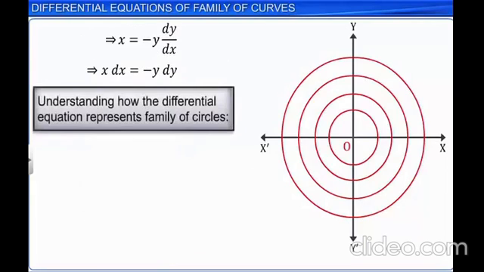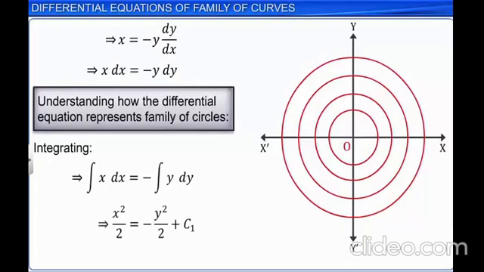The question is, how does the given differential equation represent a family of circles? Let's integrate this equation as shown here. This gives x squared upon 2 is equal to minus of y squared upon 2 plus c1.